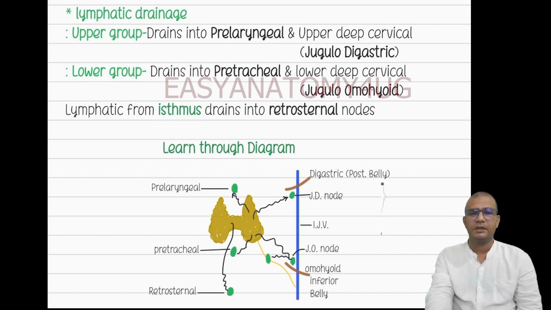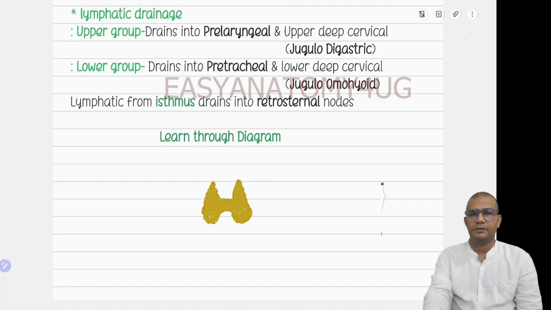So let us learn how to draw this lymphatic drainage. Begin with drawing the thyroid gland. On one side, show internal jugular vein. Crossing it, show the posterior belly of digastric and superior belly of omohyoid. Now draw the lymph nodes.